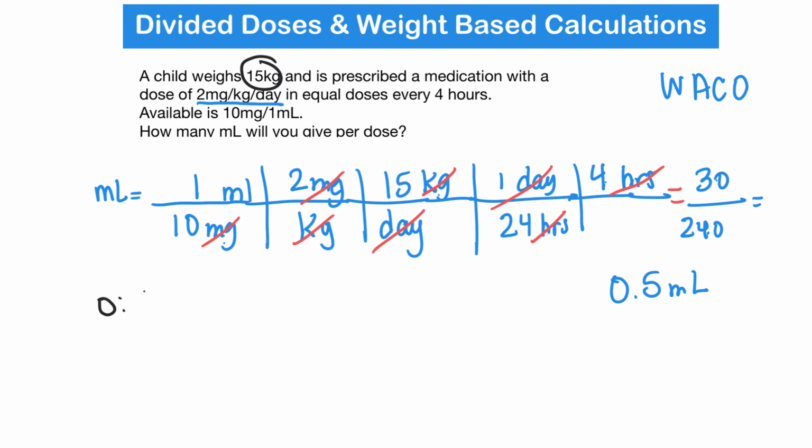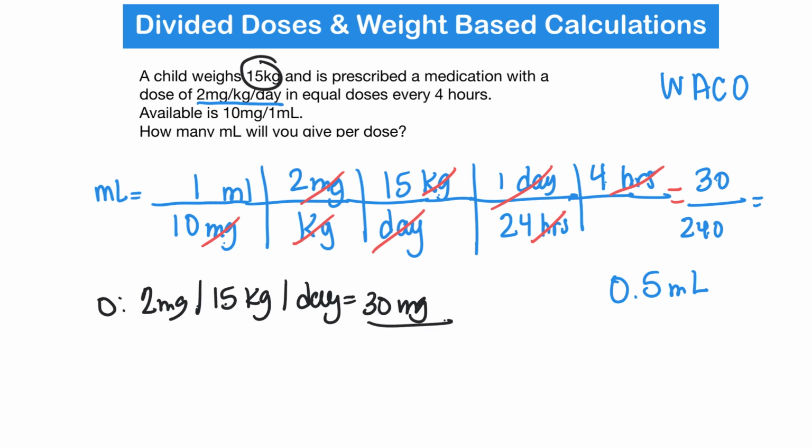So what's ordered is 2 milligrams per kilogram. My patient weighs 15 kilograms per day. Okay, so 15 times 2 is 30. So my order is for 30 milligrams for the whole day.